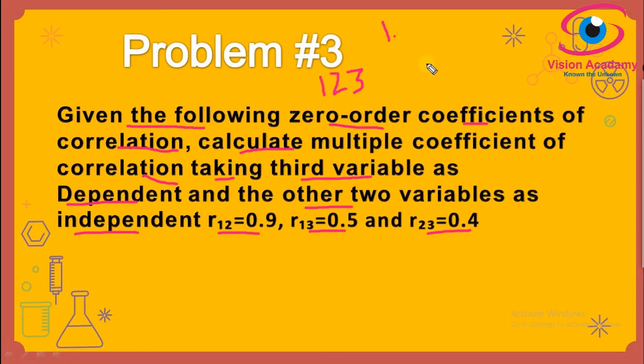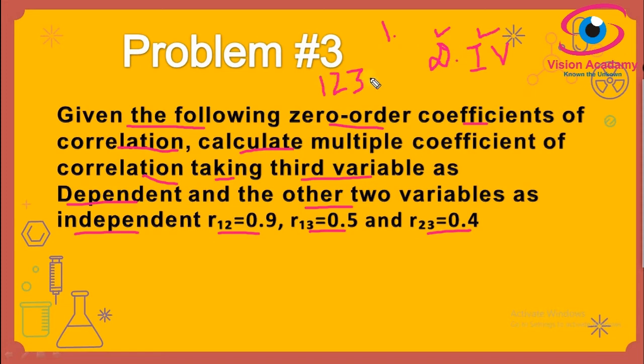In multiple correlation, we see the effect of multiple independent variables on a dependent variable. Which means in multiple correlation we need to consider one dependent variable and the other two as independent variables only.